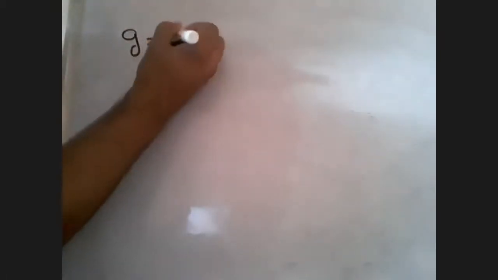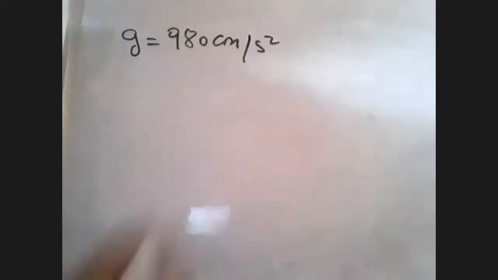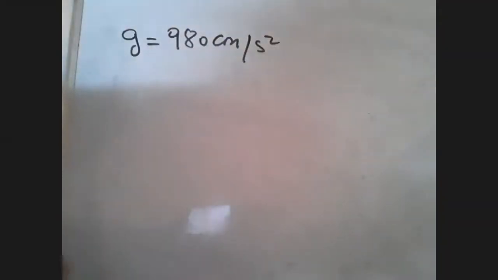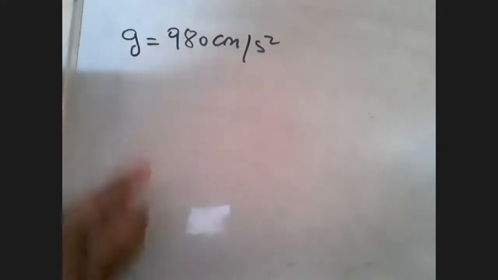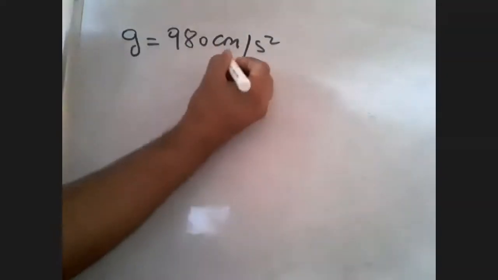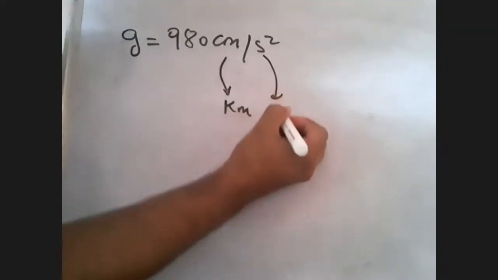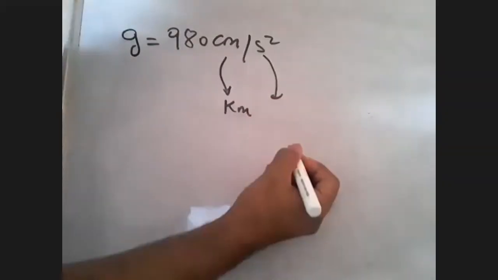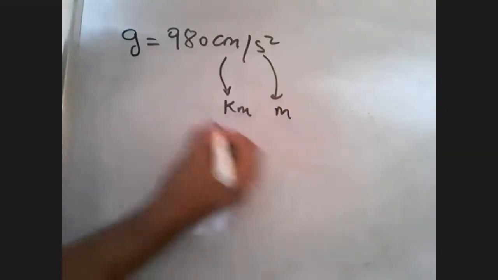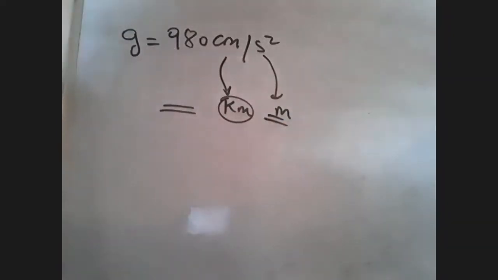So basically they have given us the acceleration due to gravity, let's call that g, as 980 centimeter per second square, and they're asking what its value will be if I change the length from centimeters to kilometers, and time from seconds to minutes. That's what they're asking.